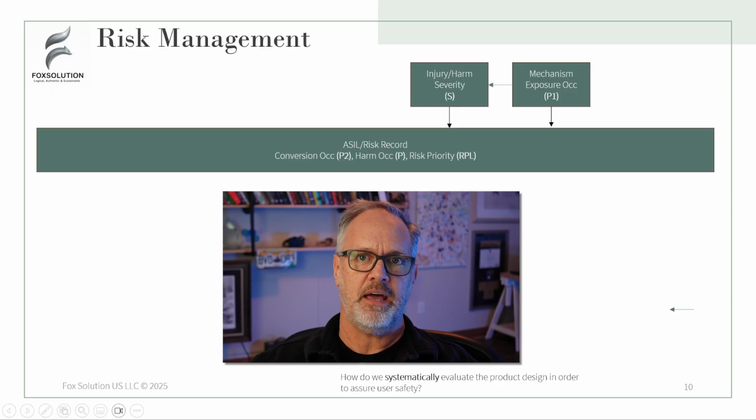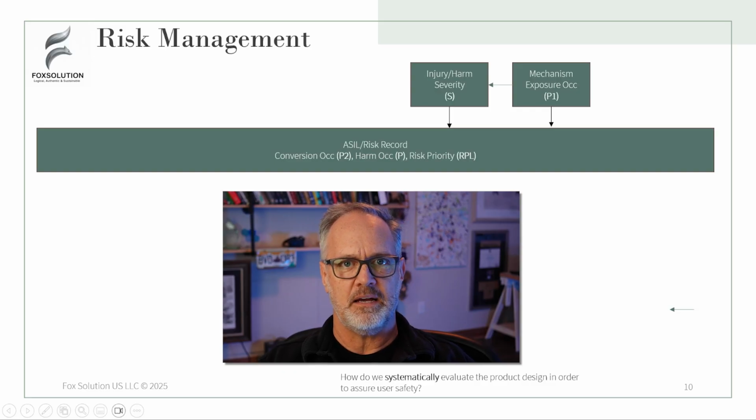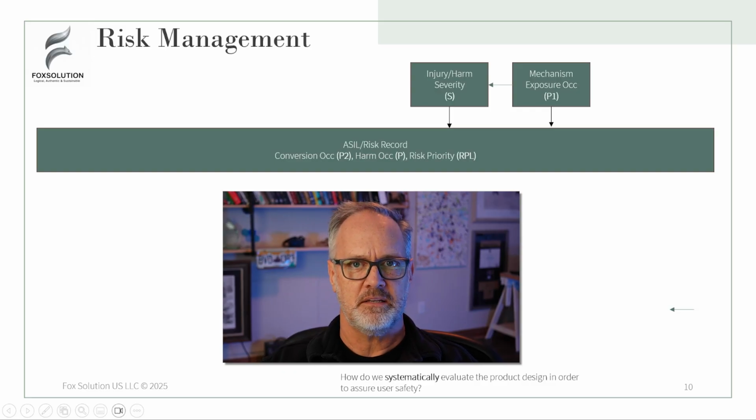What's the mechanism that could occur to expose the user to that particular harm? And so if we think about this as acronyms, the S, or the severity of this issue, is related to the harm, and the P1 factor is really this occurrence. How often does this mechanism of exposure happen?